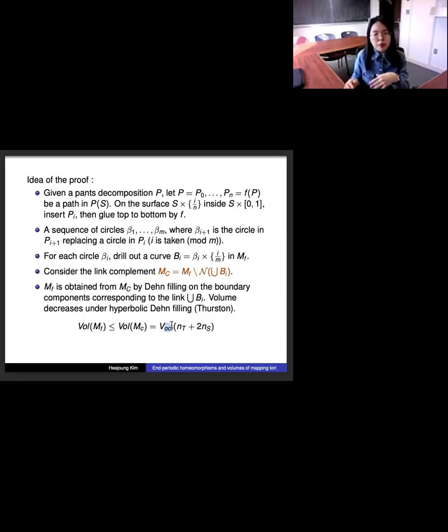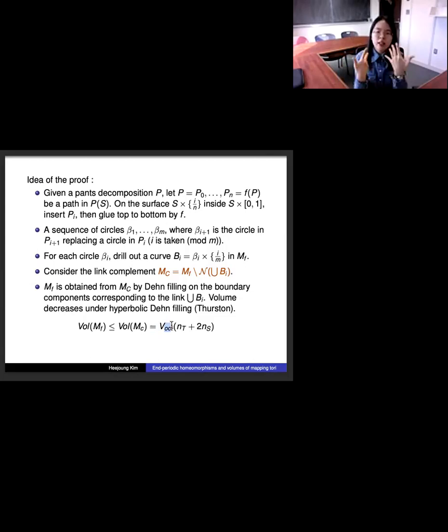So it means if there is an NT move between P_i and the next pants decomposition P_{i+1}, meaning there is an elementary move in a punctured torus, then the volume of one octahedron contributes to the volume of M_C.